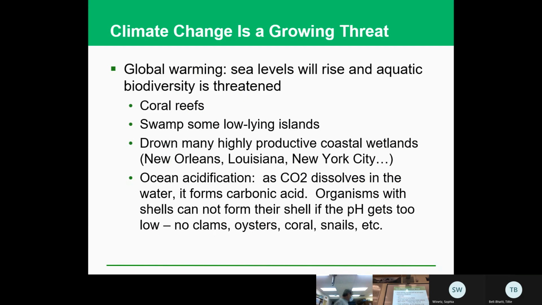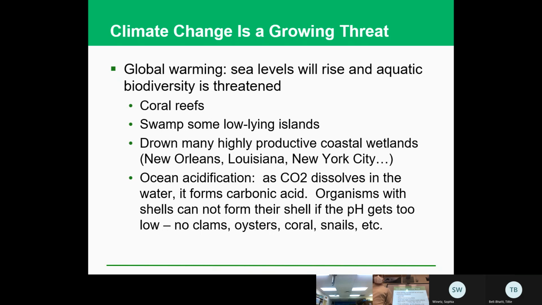Okay, well, we were doing HIPCO, so here's our climate change issue. Sea levels rising, aquatic biodiversity threatened. We talked a little bit when we studied pH. We talked a little bit about ocean acidification, where as we add CO2 to the atmosphere, the carbon dioxide dissolves into the water and it lowers the pH.